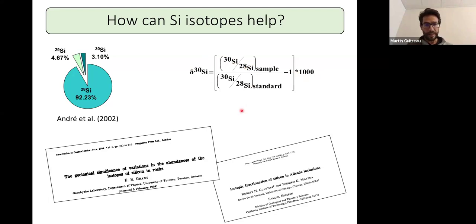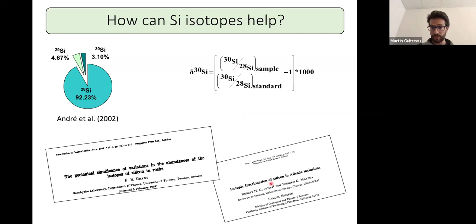Silicon isotopes in high temperature processes have not been done before, or not so much, I should say, before the 2000s and the advent of MC-ICP-MS measurements. But this is an old system. It was developed very early on.